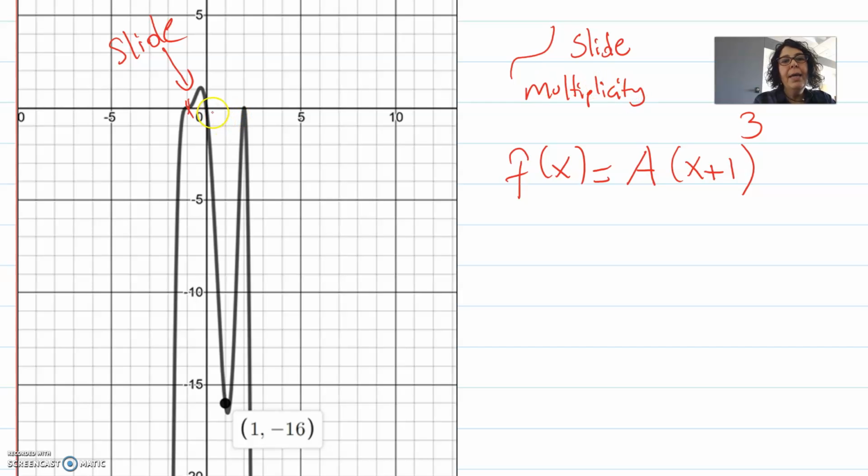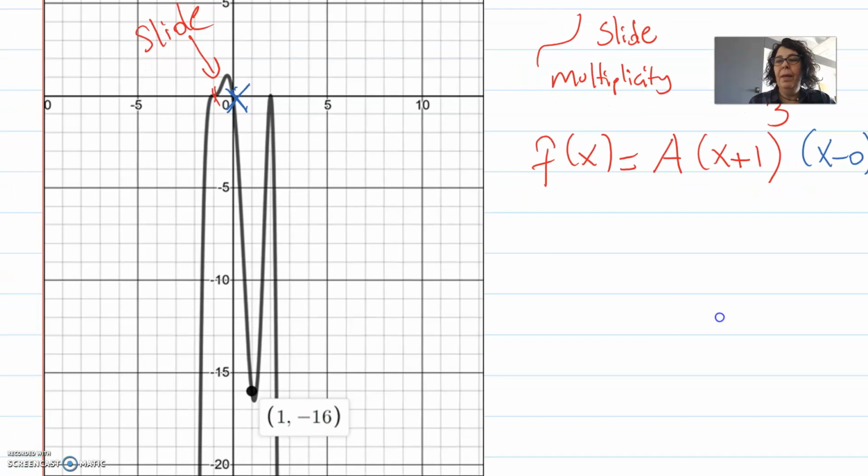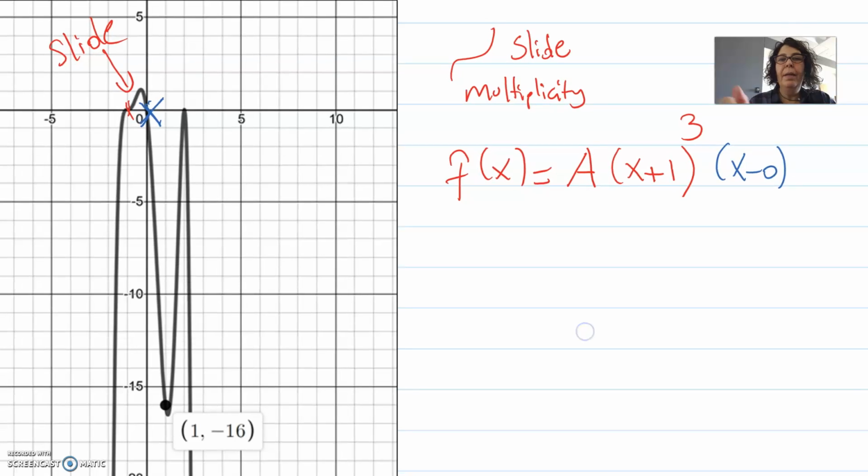Okay, and then we have another root here, which oftentimes we miss. That's x minus 0. And then we have another root here, which is 2. And that is x minus 2.